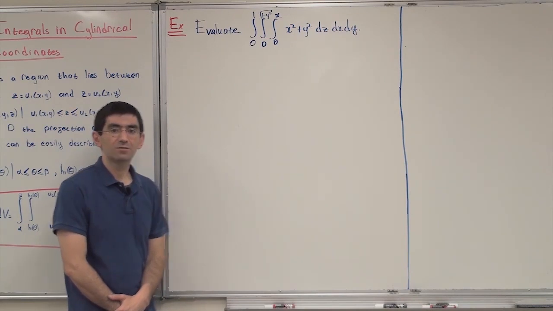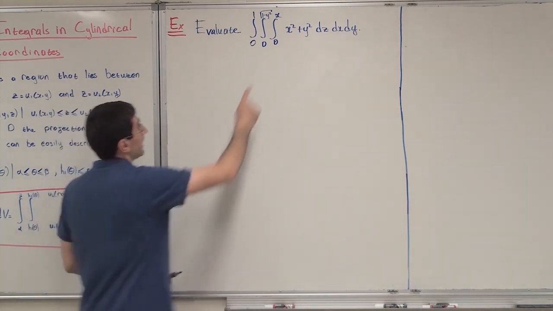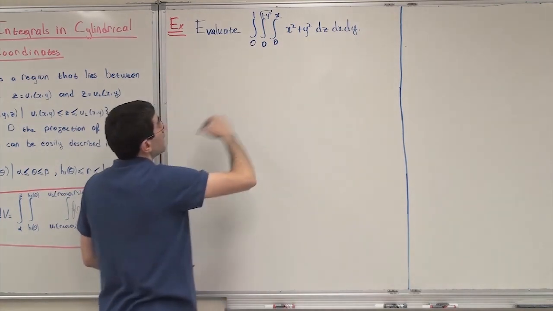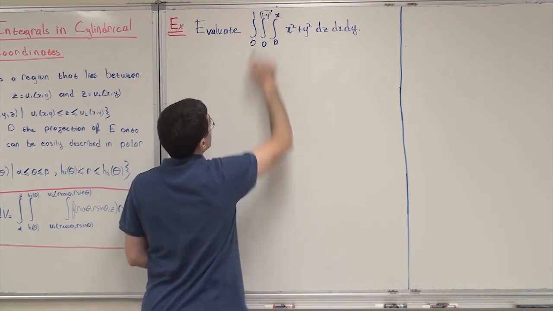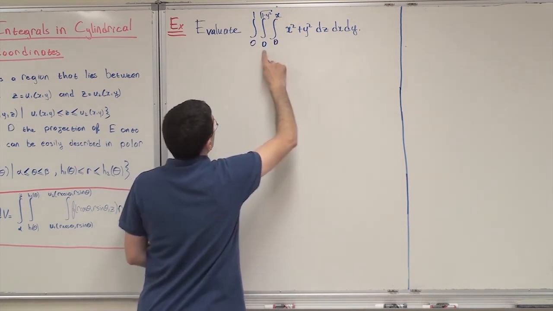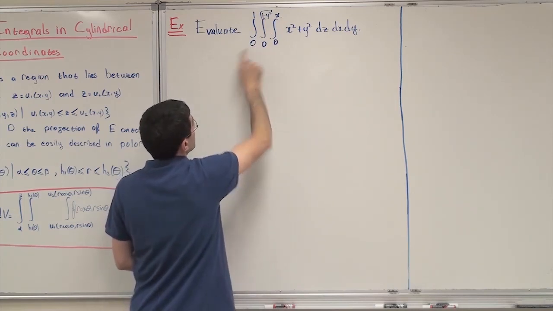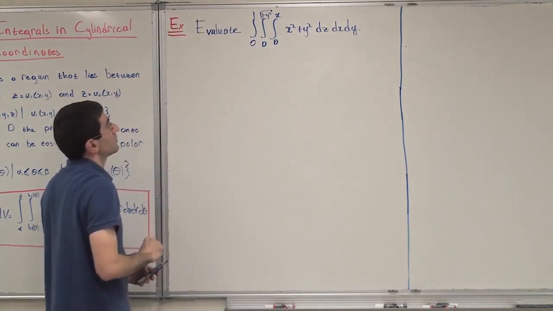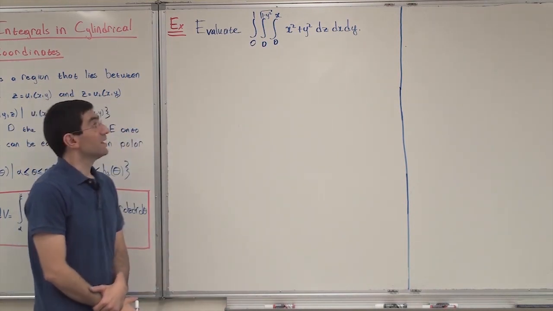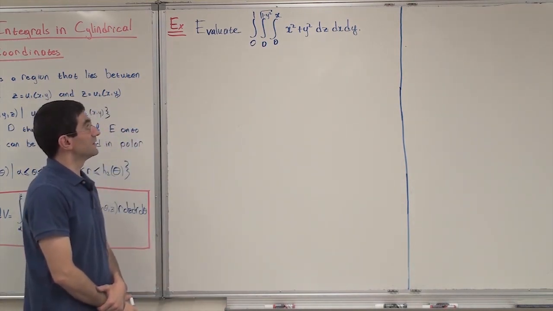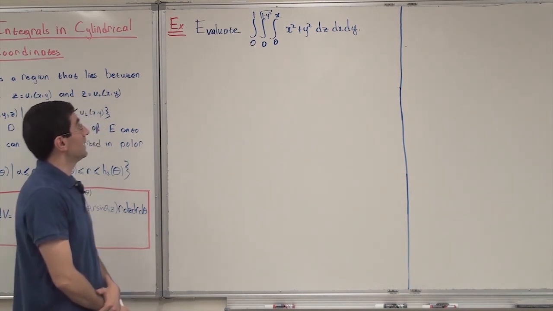In this exercise, we want to evaluate the triple integral of the function x squared plus y squared, where the boundaries of z are from 0 to x, the boundaries of x are from 0 to root 1 minus y squared, and the boundaries of y are from 0 to 1. Before we start integrating, let's understand better the solid E over which this triple integral is going to be evaluated.